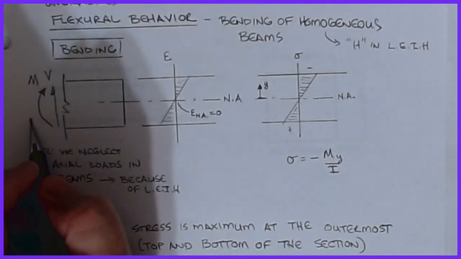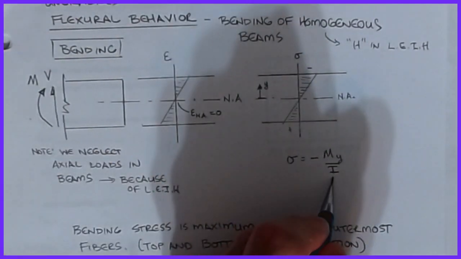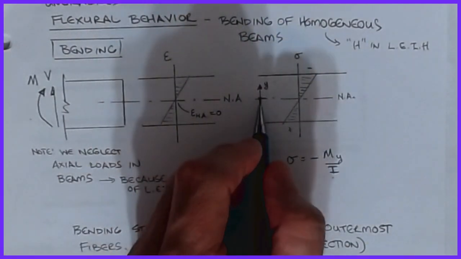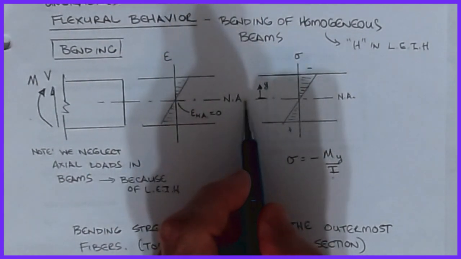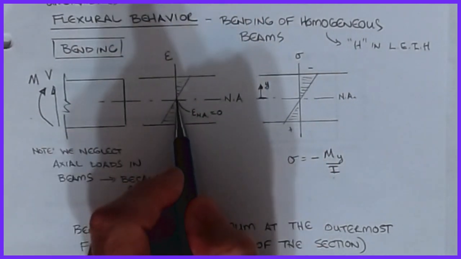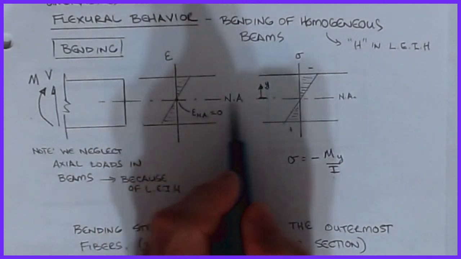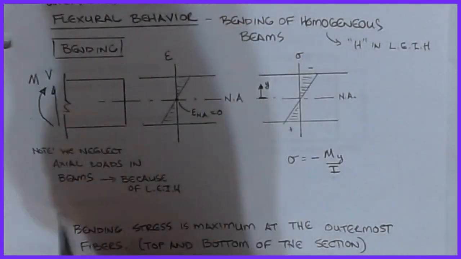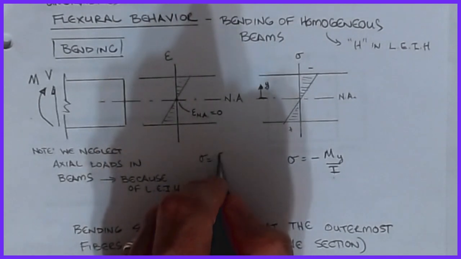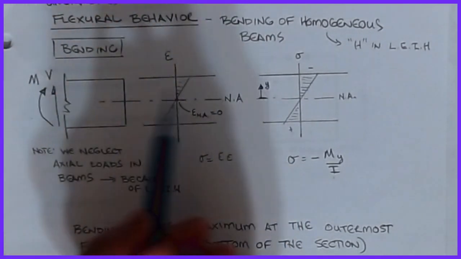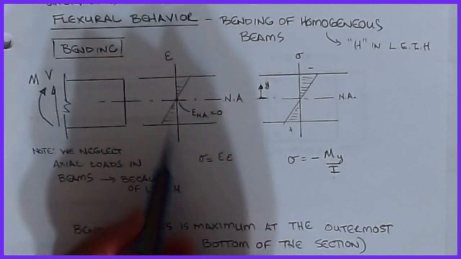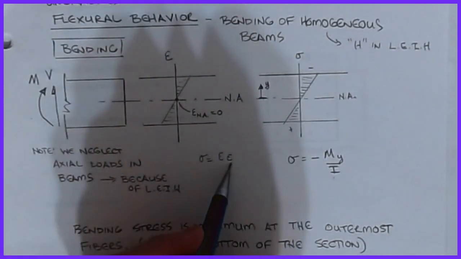Because M was the moment on the section, I is the moment of inertia of the cross-section, and y was measured from the neutral axis. Now, if you remember, we define the neutral axis as being the location of zero strain. So if I'm at zero strain here, then my neutral axis comes across, and we know that Hooke's law says that sigma is equal to E epsilon. If we're uncracked, we're still in that linear range, so the stress at the neutral axis is also assumed to be zero because epsilon is zero.